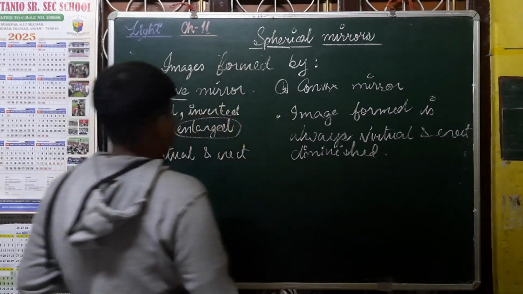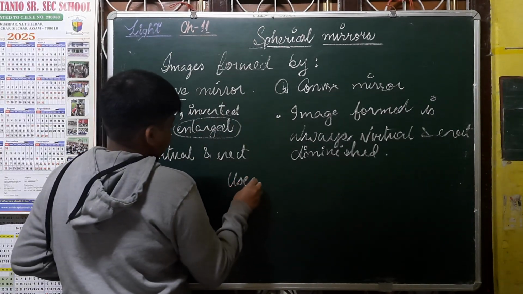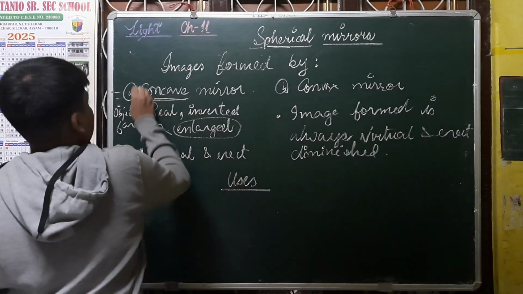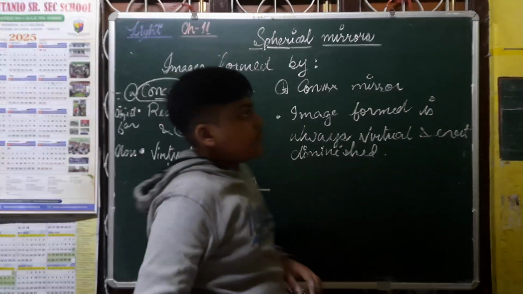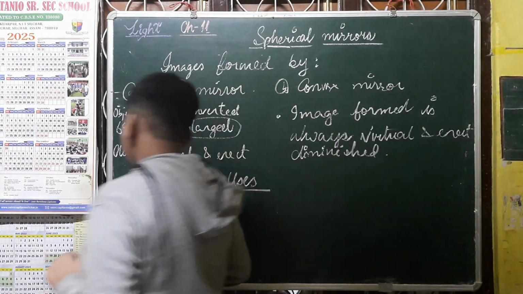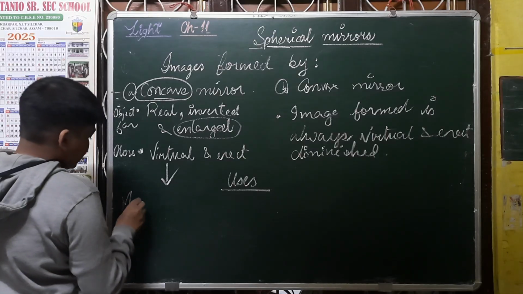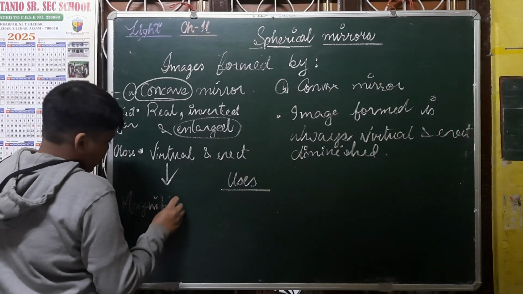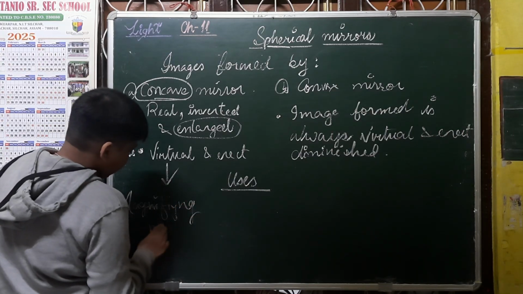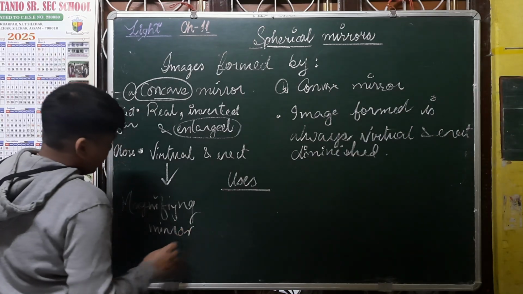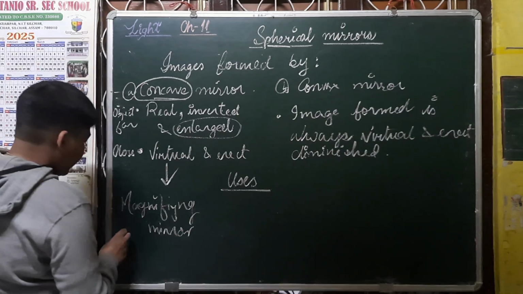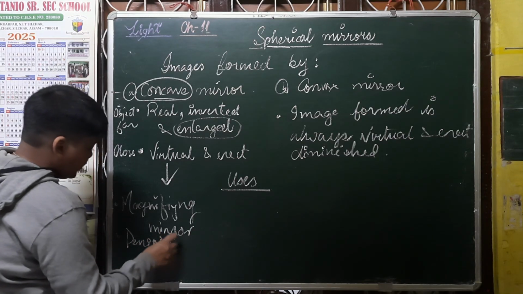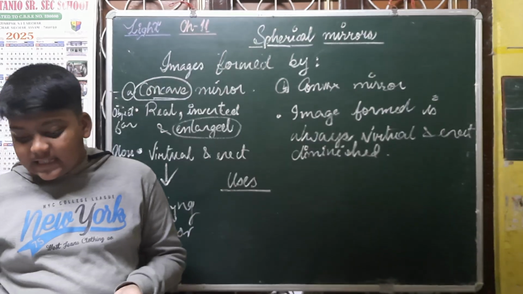Okay, now let us see the uses. Concave mirror is used sometimes in a magnifying glass or magnifying mirror. These are used by dentists to see an enlarged view of your teeth.